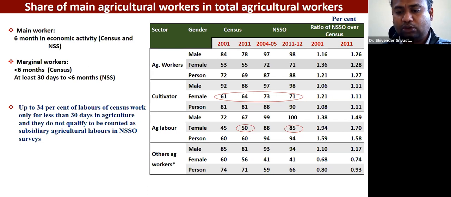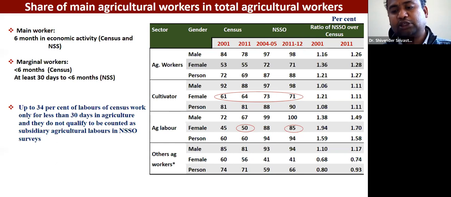I hope I am able to communicate that definitional issue. The main issue is that because of the variation in the definitions, particularly of marginal worker, we have some evidence that there is a discrepancy in the data on agricultural labor between the census and NSS.